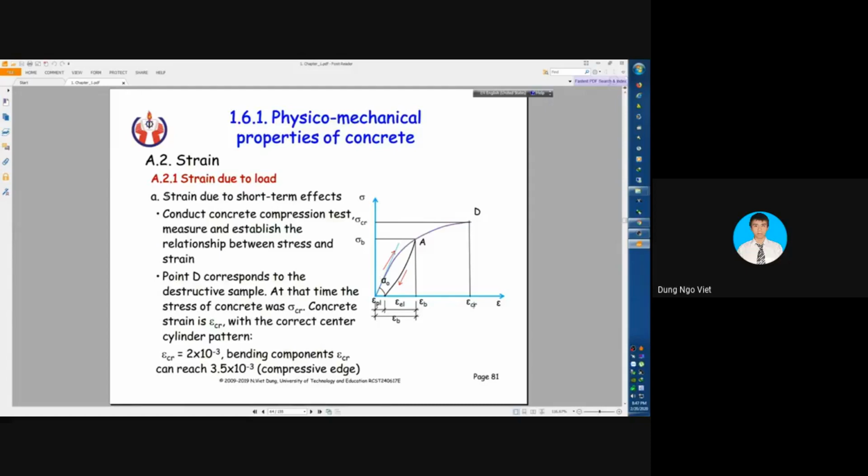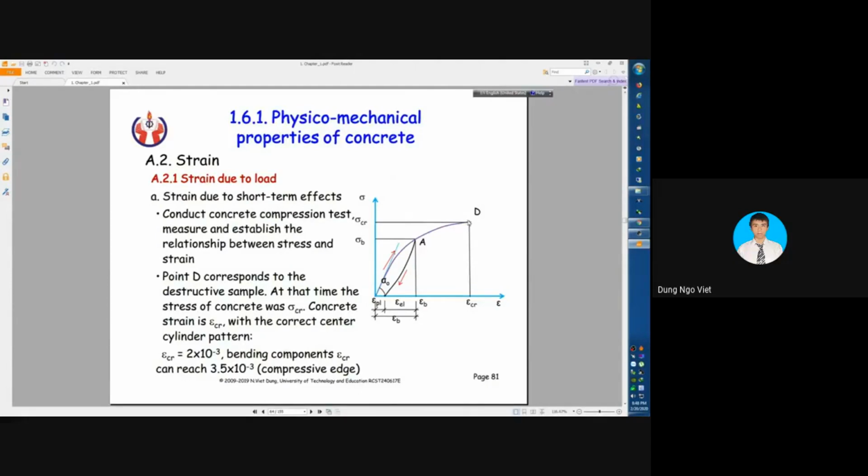At first, we consider the strain due to loads, and in part A, we study the strain due to short-term effects. Here we conduct the concrete compression test and measure and establish the relationship between stress sigma and strain epsilon. So here we have point D, which corresponds to the destructive sample.